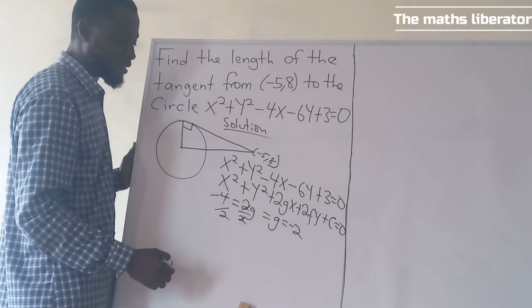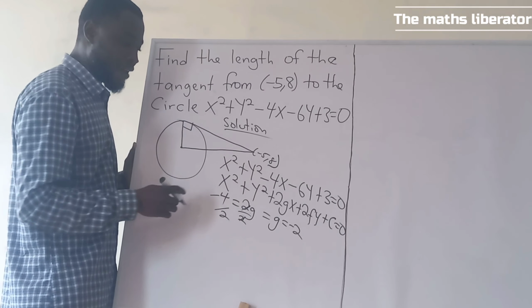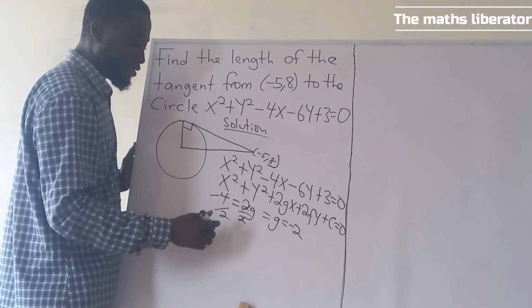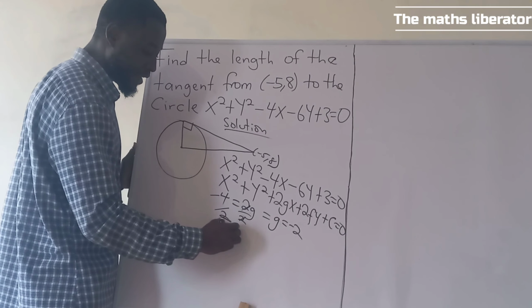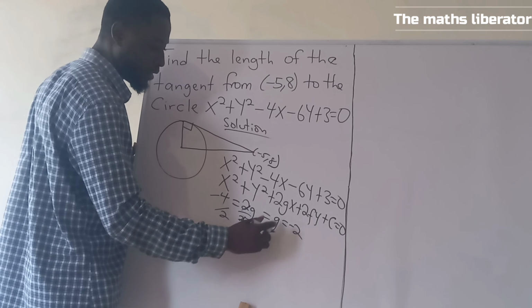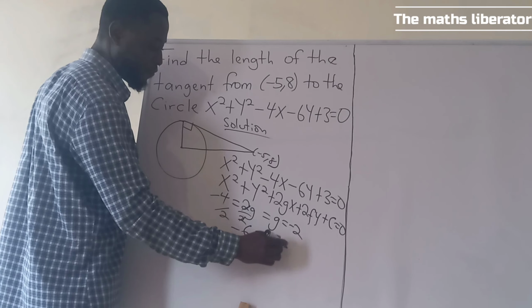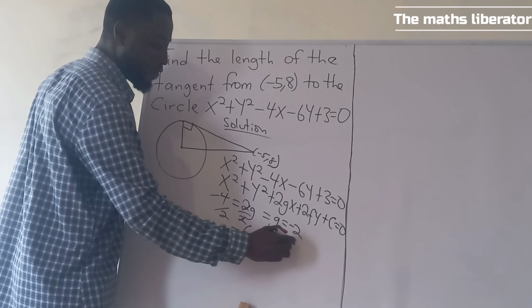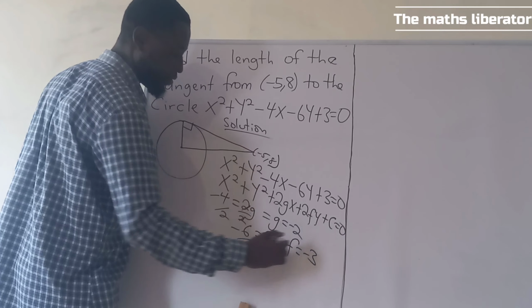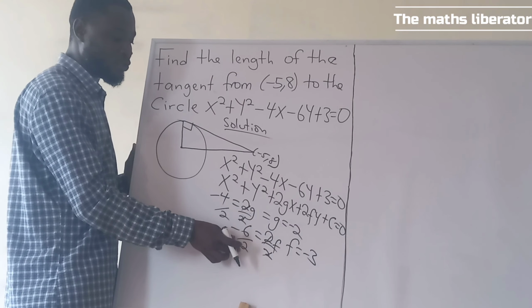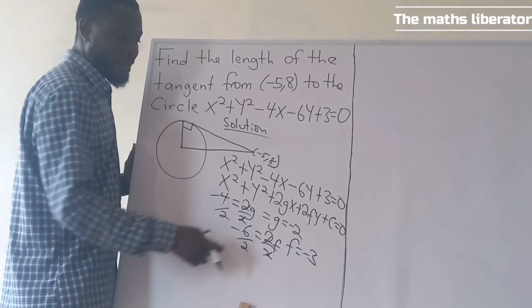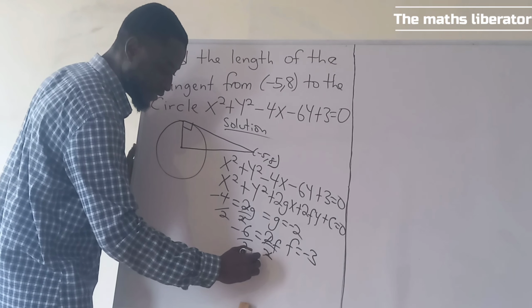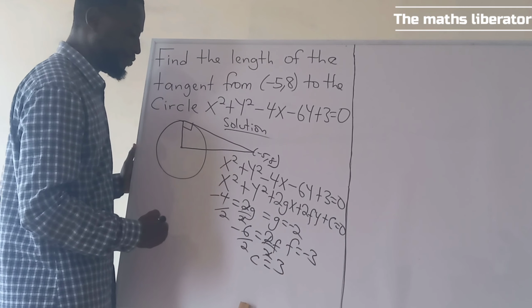Now our f, the coefficient of y: negative 6 equals 2f. You divide both sides by 2, and our f becomes negative 3, because negative 6 divided by 2 is negative 3. Now let's compare the c. c equals 3.